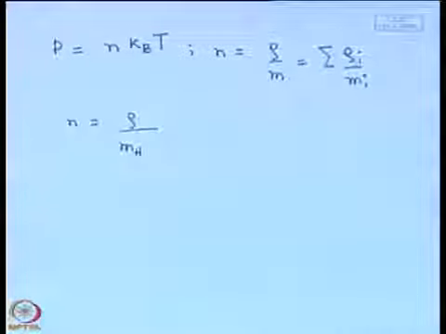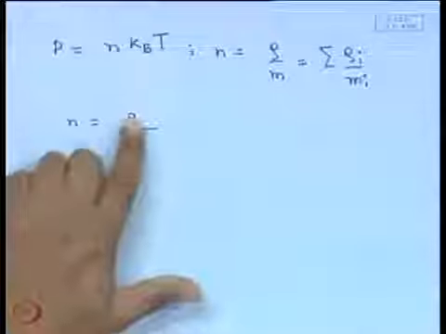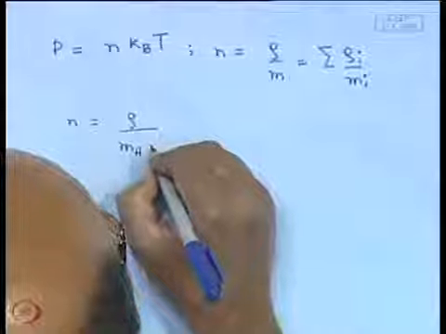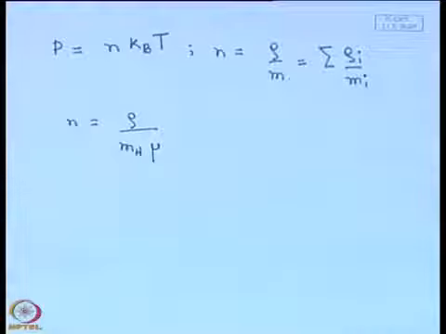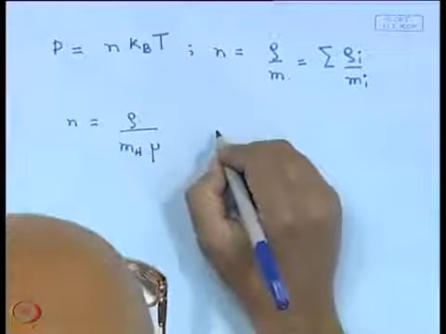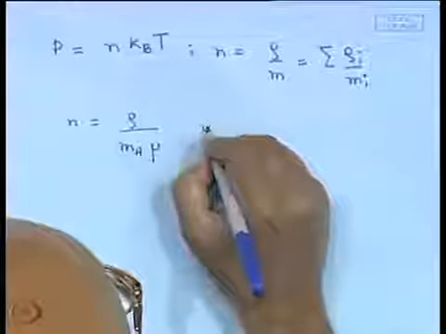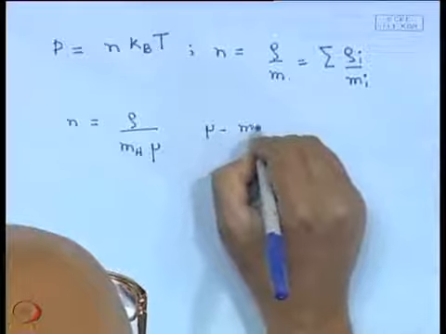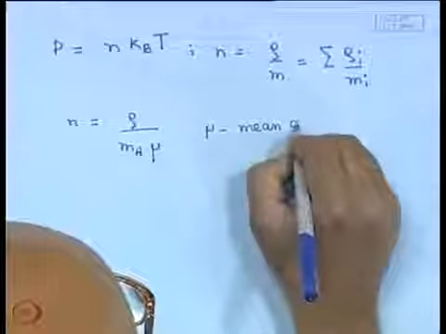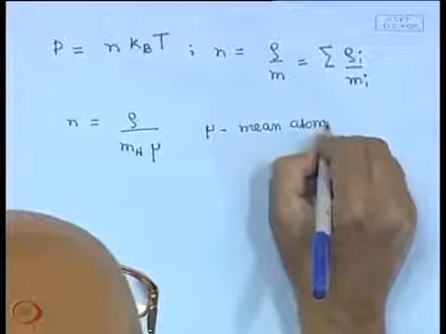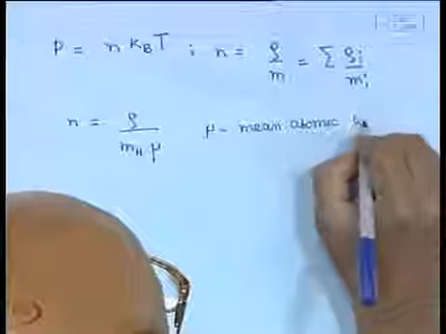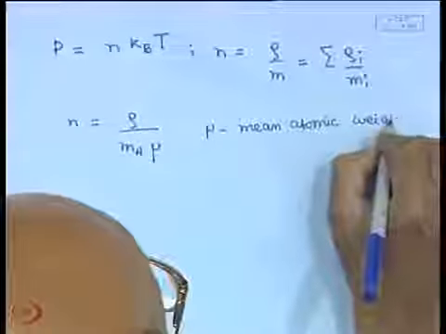If it were purely hydrogen atoms, this is the number density that you would have, times this factor mu, which is the mean atomic weight of the constituents.